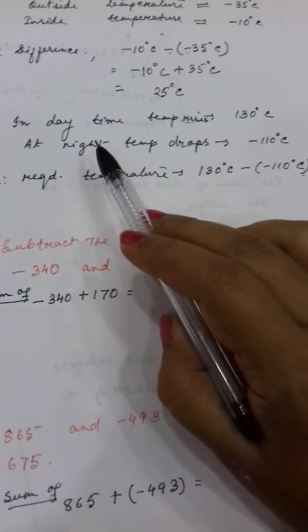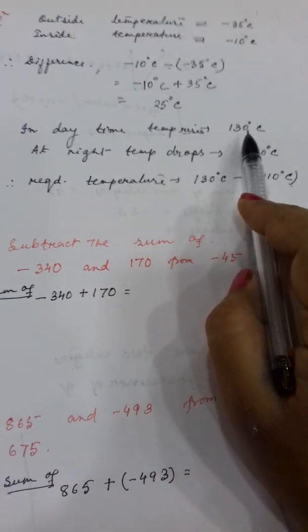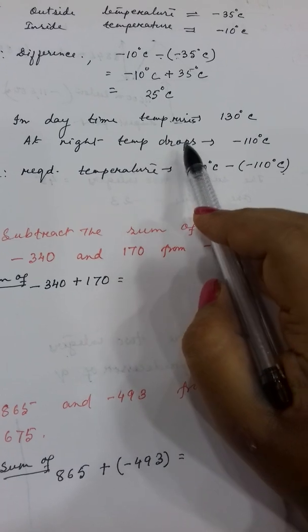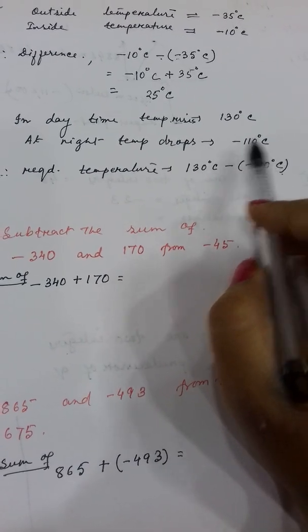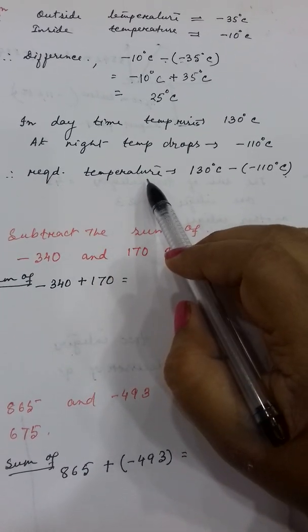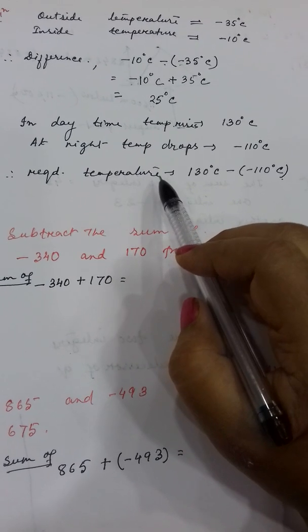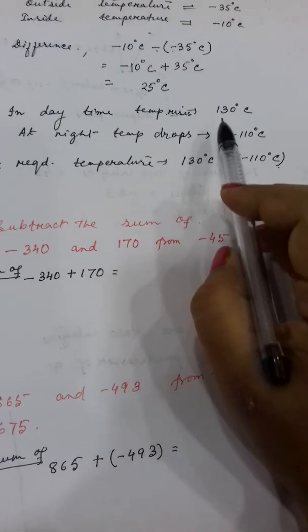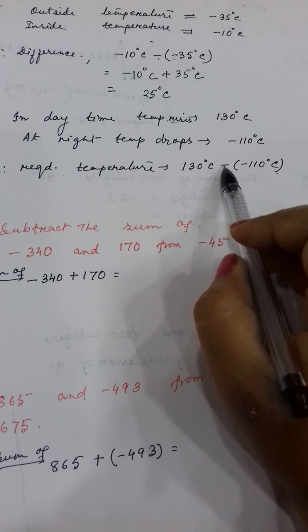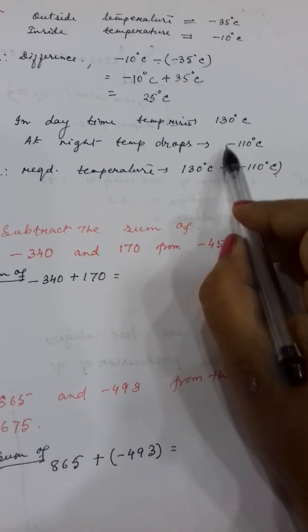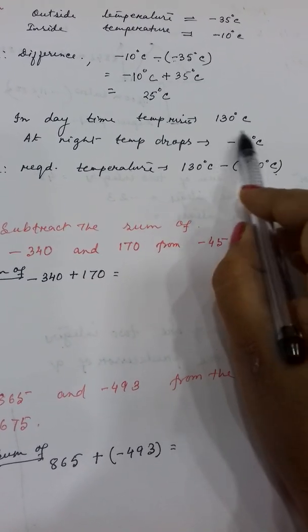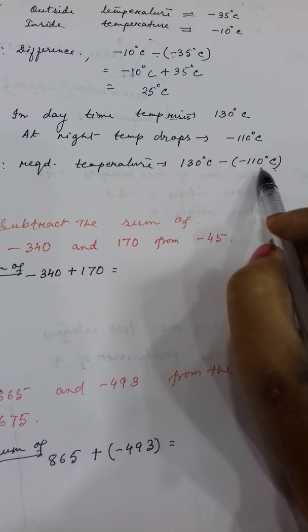So same way, in daytime temperature 130 degrees Celsius, at night temperature drops to minus 110 degrees Celsius. So what will be the required temperature, means how high is the maximum temperature? 130 degree. Difference you have to find out. So minus, and this is the minimum temperature, minus 110 degrees Celsius. Clear?